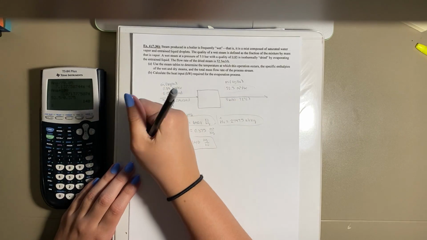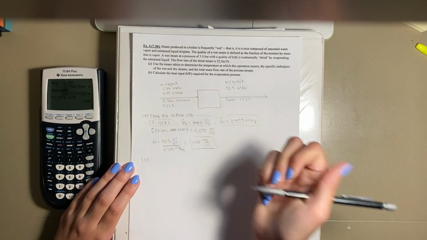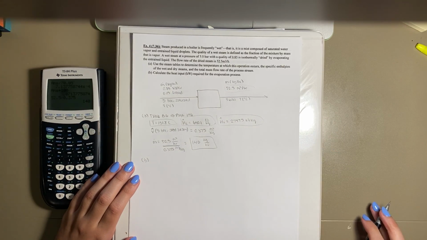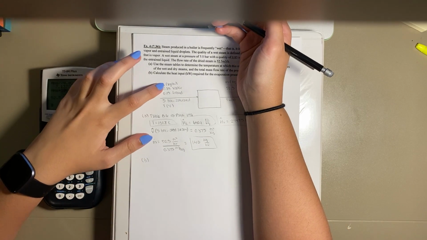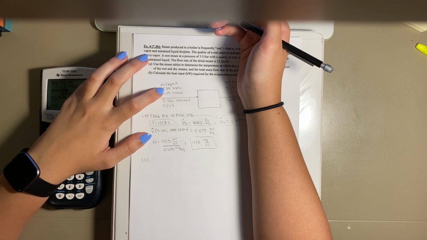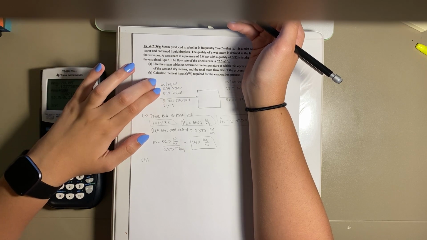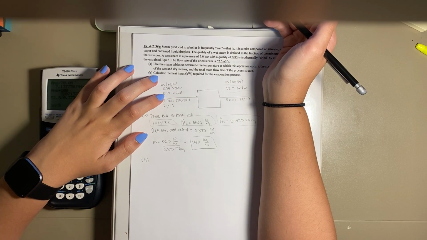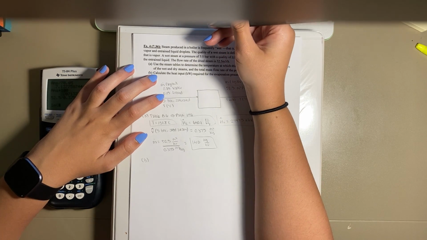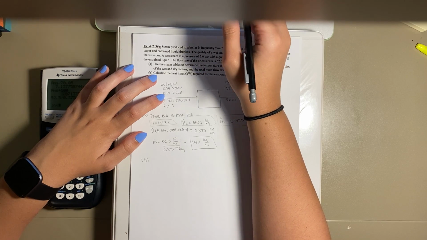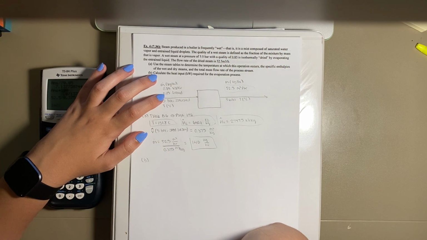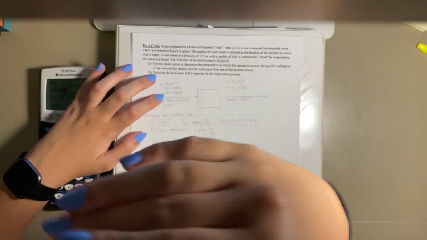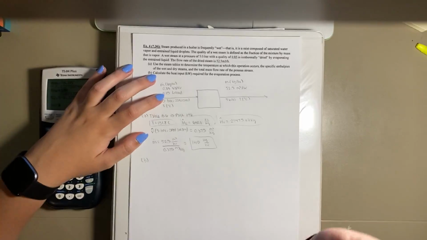So that's it for part A. Now for part B, we want to calculate the heat input required for the evaporation process. So now that we know the mass flow rate and we know the phase composition of the inlet stream, we know exactly how much liquid is entering the process, and we can calculate the energy needed to vaporize that specific amount of liquid water.